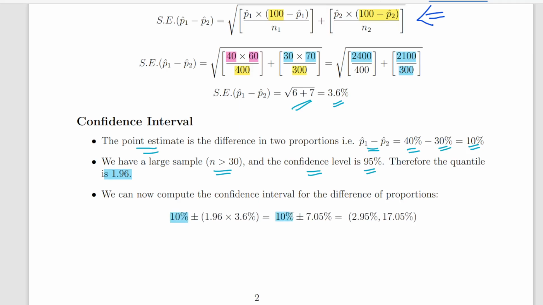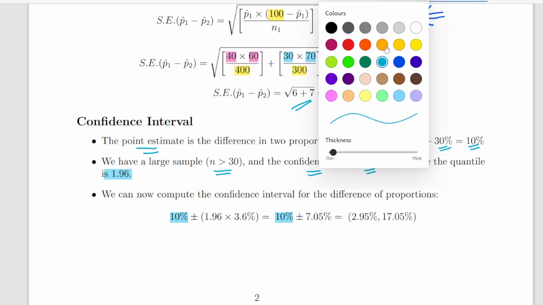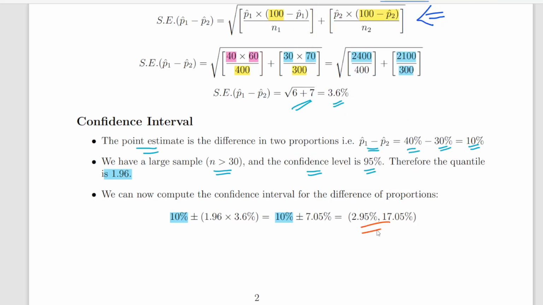The quantile times the standard error is 1.96 times 3.6, that is 7.05. So it's 10% plus or minus 7.05, and that gives us our final answer: 2.95 as the lower limit and 17.05 as the upper limit. That's it. That's this question done.